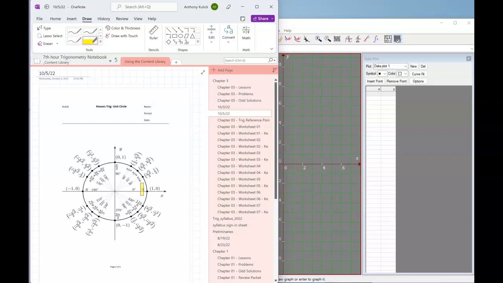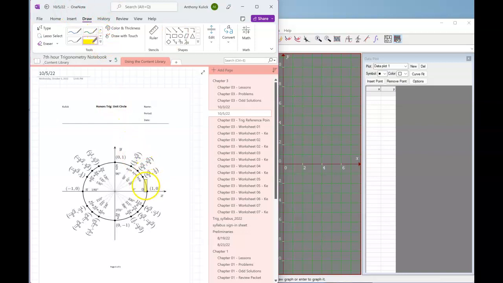So if I'm going to graph something, would I rather put 360 tick marks on my x-axis or like 6 and change? 2 pi is like 6.2 something or another, right? That sounds a lot nicer to me. You guys agree? So when we're graphing, typically we're going to use radians to do that.